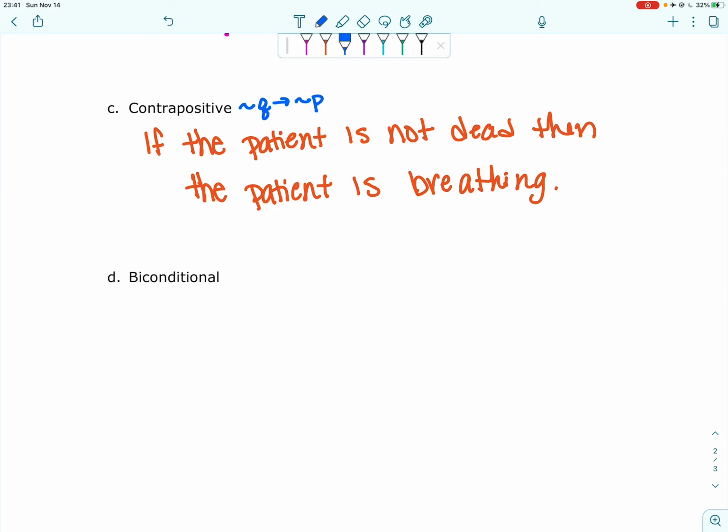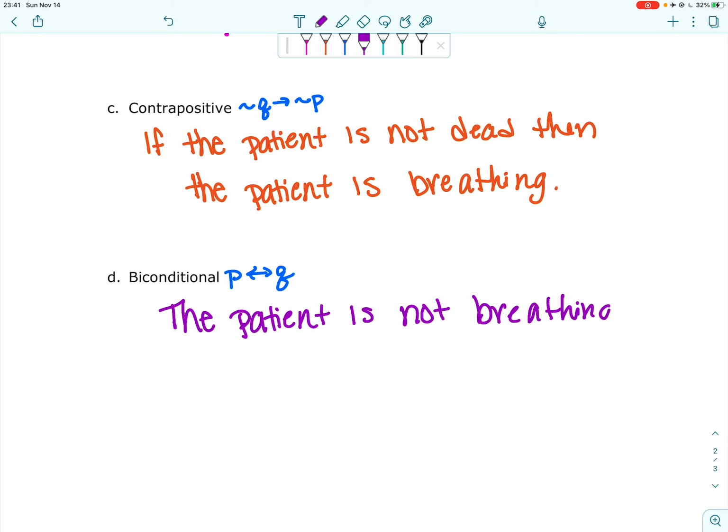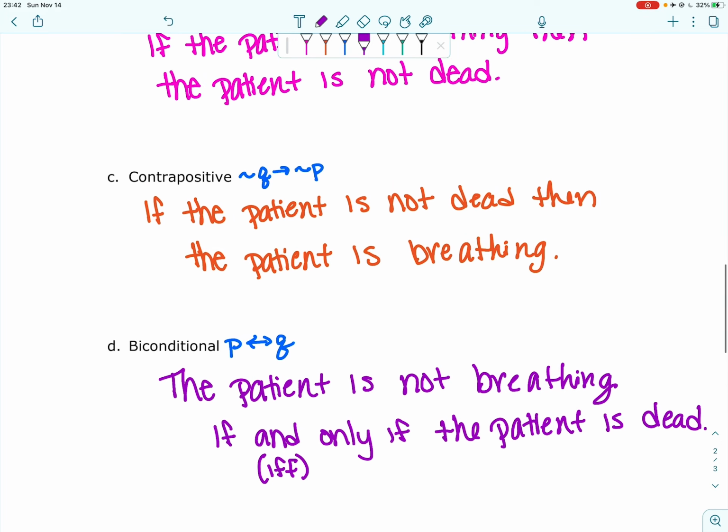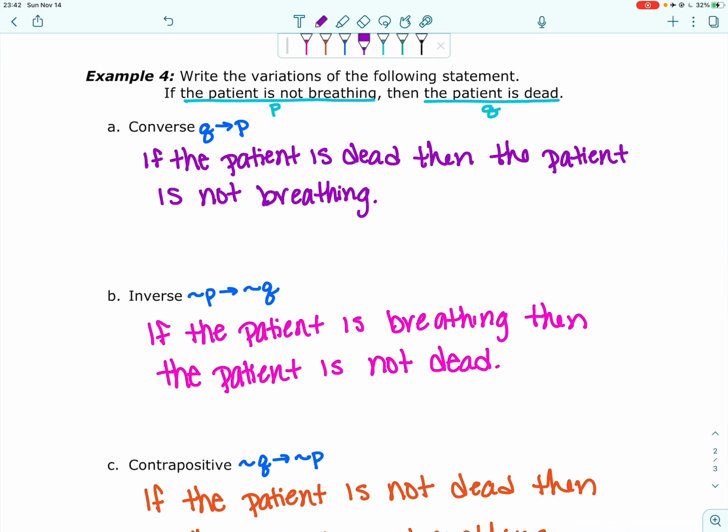And lastly, the biconditional, which is P if and only if Q. The patient is not breathing if and only if, which you can shorthand to IFF, the patient is dead. So 4 variations of the original statement that we started with.